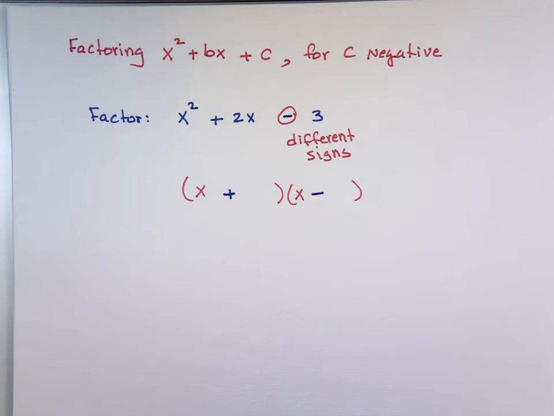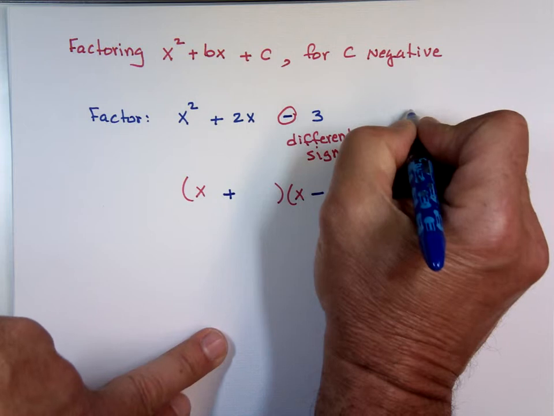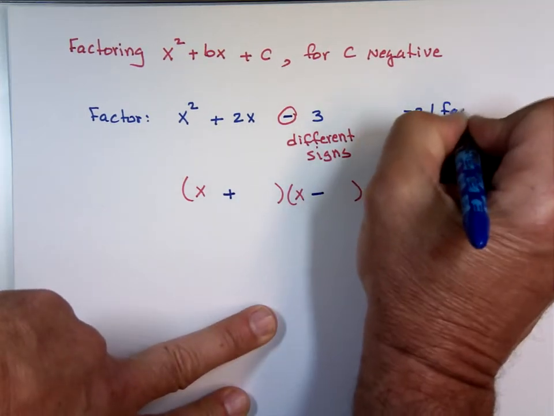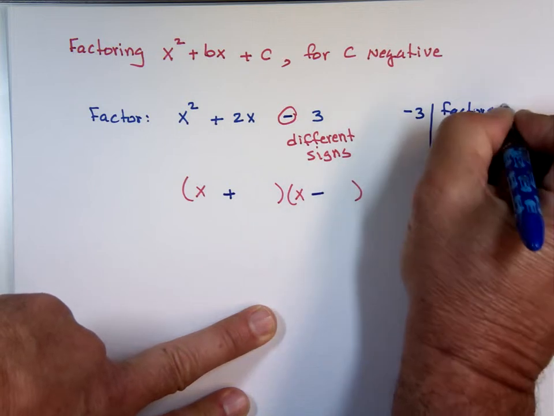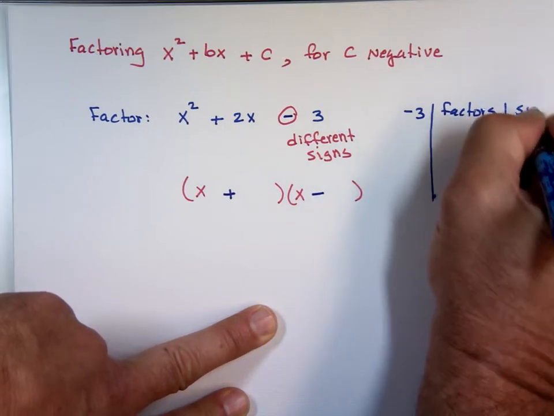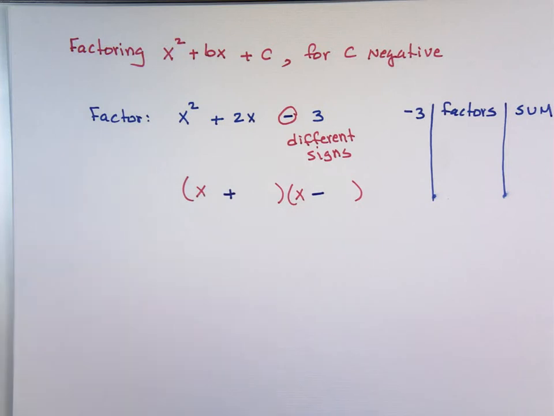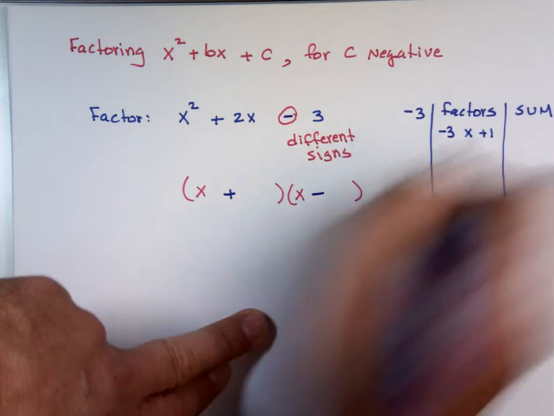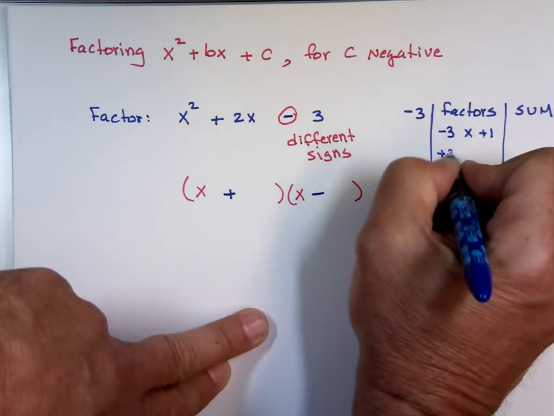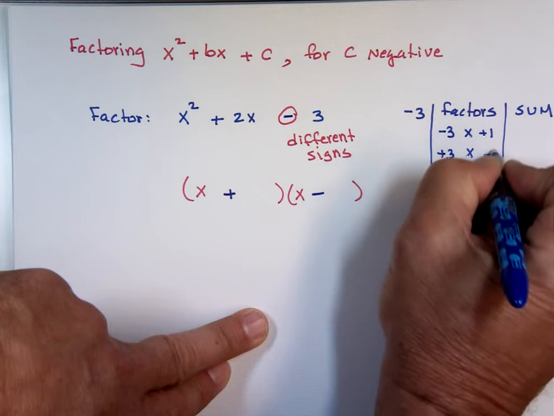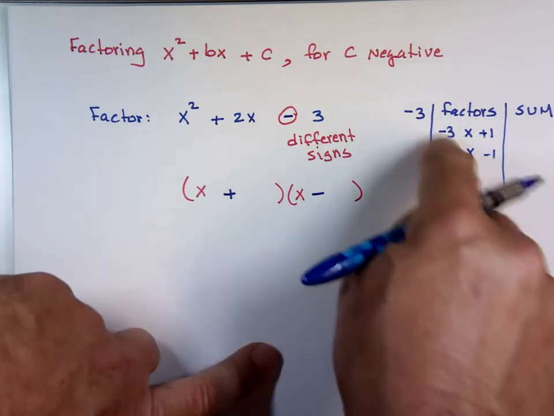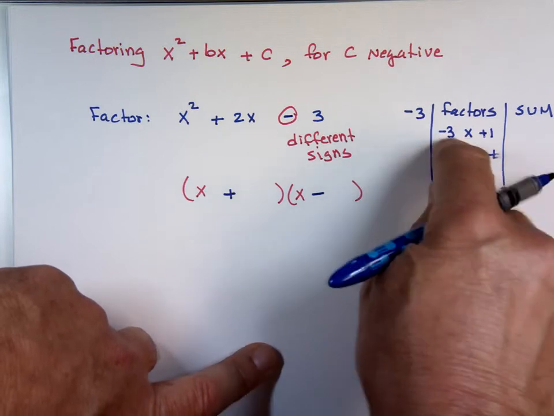We're going to do the same thing. We'll take the negative 3 and list the factors and their sum. We're not changing anything. The only thing is the signs will have to be different. So to get a negative 3 could be a negative 3 times a positive 1, or a positive 3 times a negative 1. What's negative 3 plus 1?